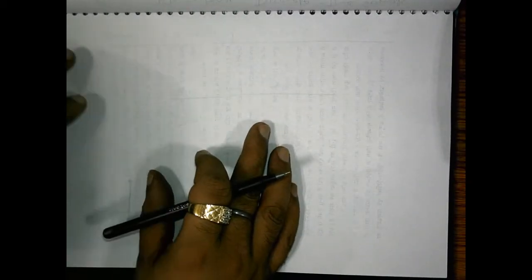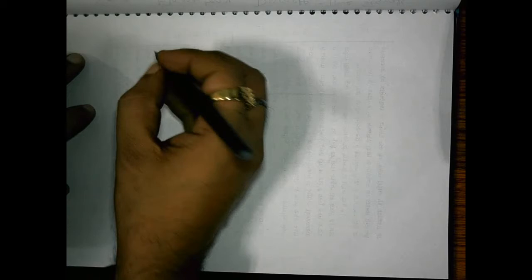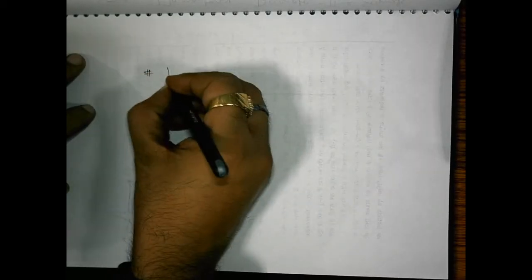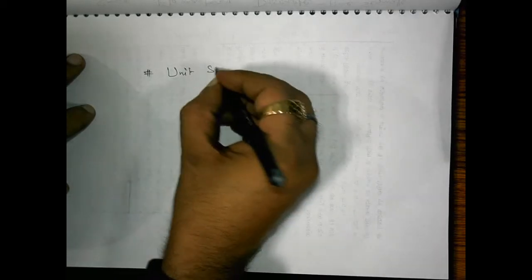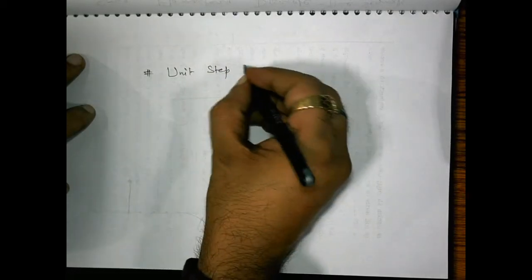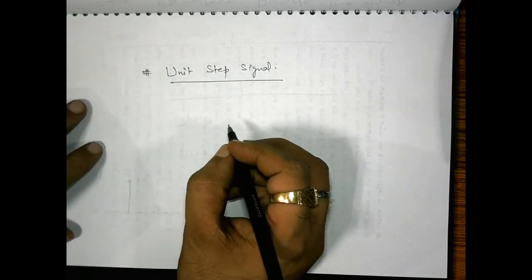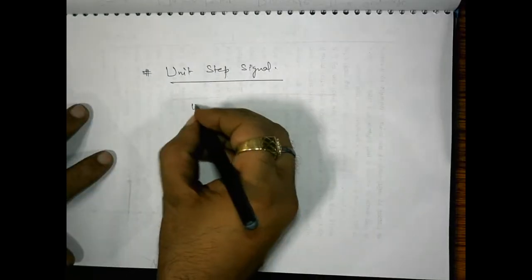Then the next signal of great significance is the unit step signal. This unit step signal is defined as un.